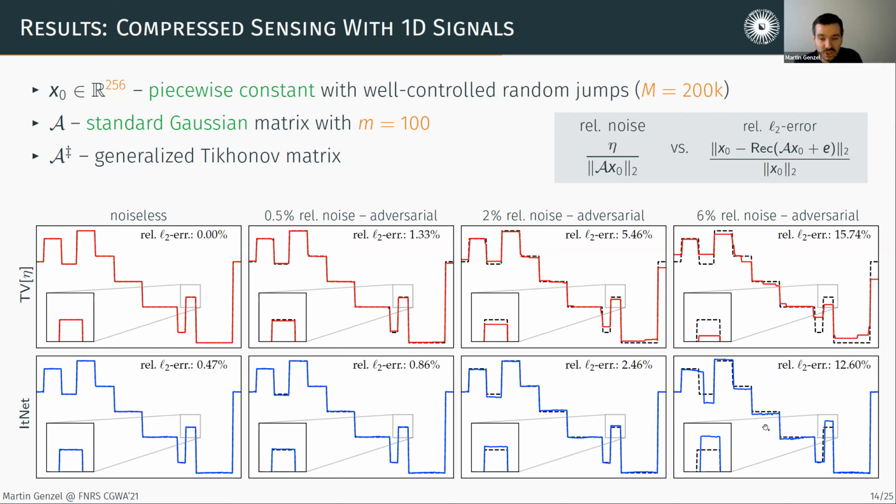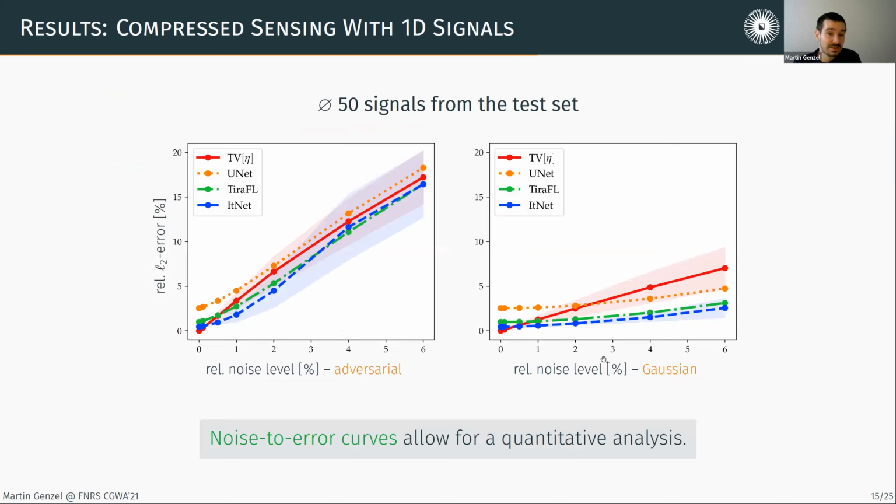But these are again just some pictures. Let me make this more systematic. What we were actually interested in are these noise-to-error curves, which you can see here. They are evaluated over a whole set of test signals. This confirms what you just saw on the previous slide. We plot the relative noise level of adversarial perturbations against the reconstruction error, and you can clearly see that the robustness of the networks is comparable to the one of TV minimization.